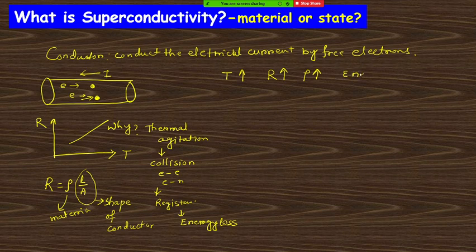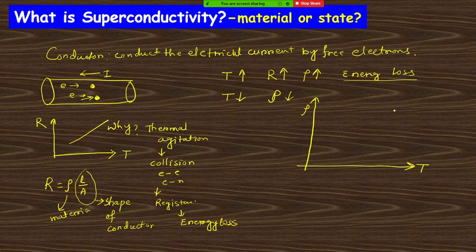So by reducing temperature, resistivity must be reduced, right? Experimentally they got some result. Suppose this is the temperature axis and this is the resistivity axis. If we reduce the temperature, the resistivity will be reduced.